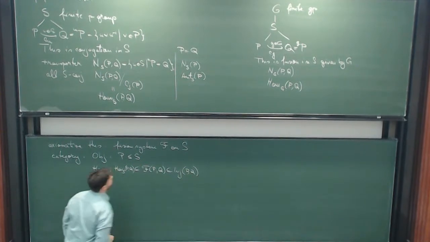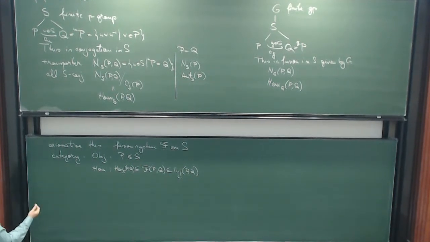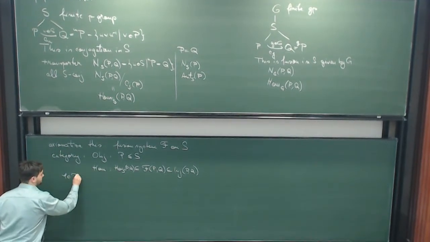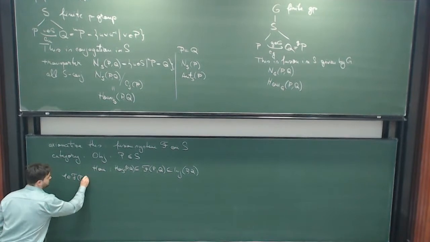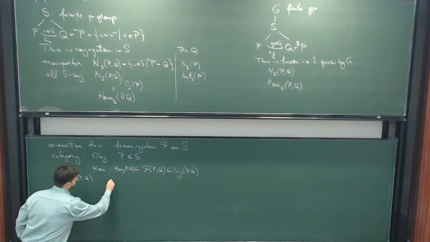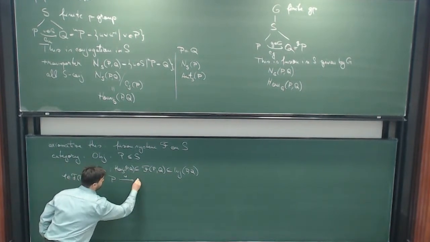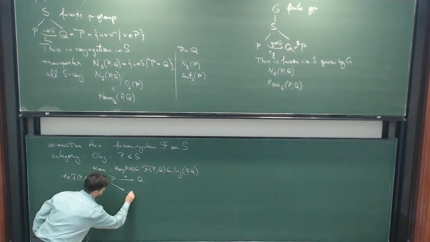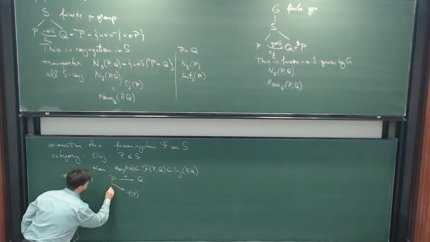What we ask more is that once you have a morphism phi from P to Q in the fusion system, then it factors through an isomorphism.